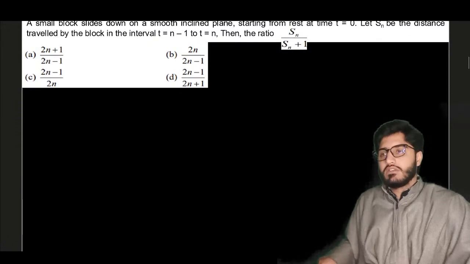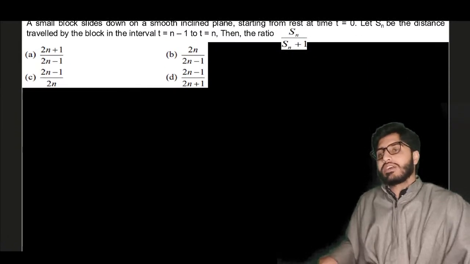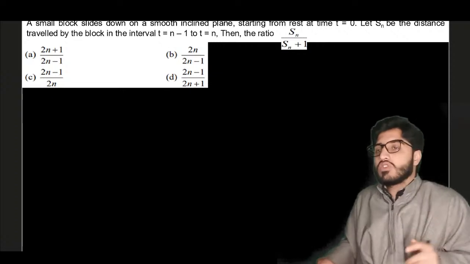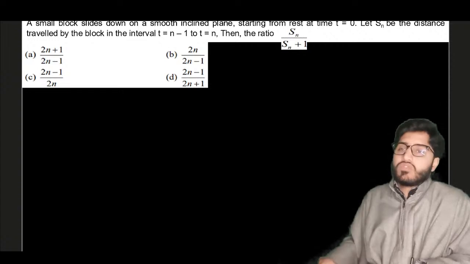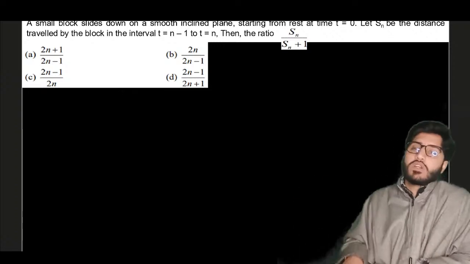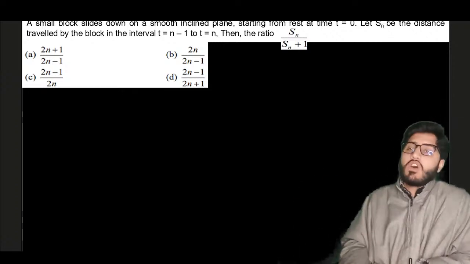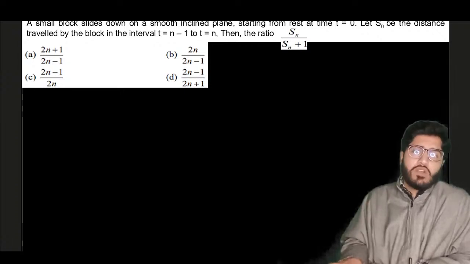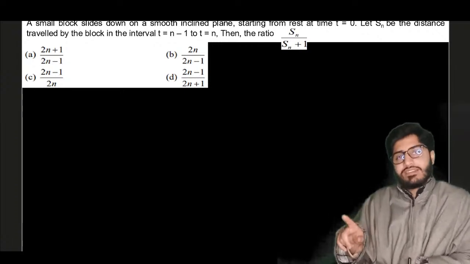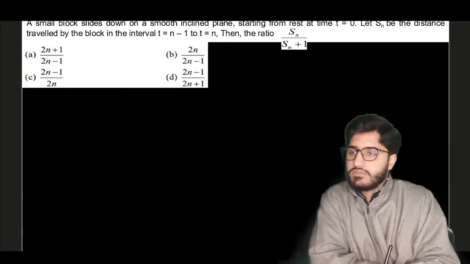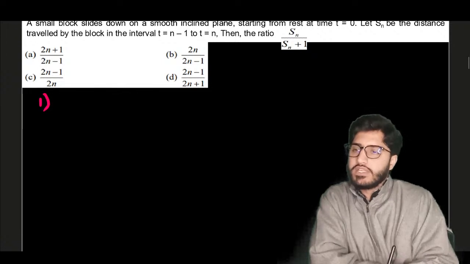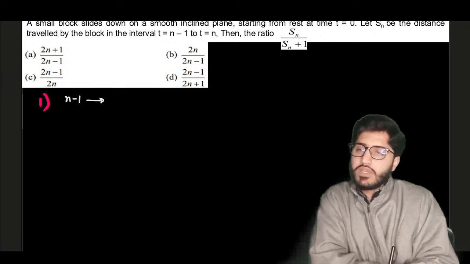Now next numerical. A small block slides down a smooth inclined plane, starting from rest at t equals 0. Let Sn be the distance traveled by the block in the interval of t equals n minus 1 to t equals n. The ratio of Sn divided by Sn plus 1 we have to get. Look now, first interval is n minus 1 to n.